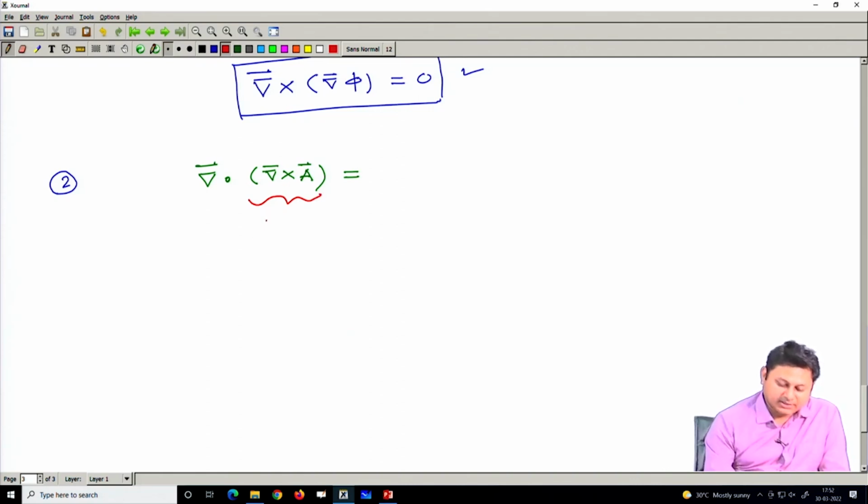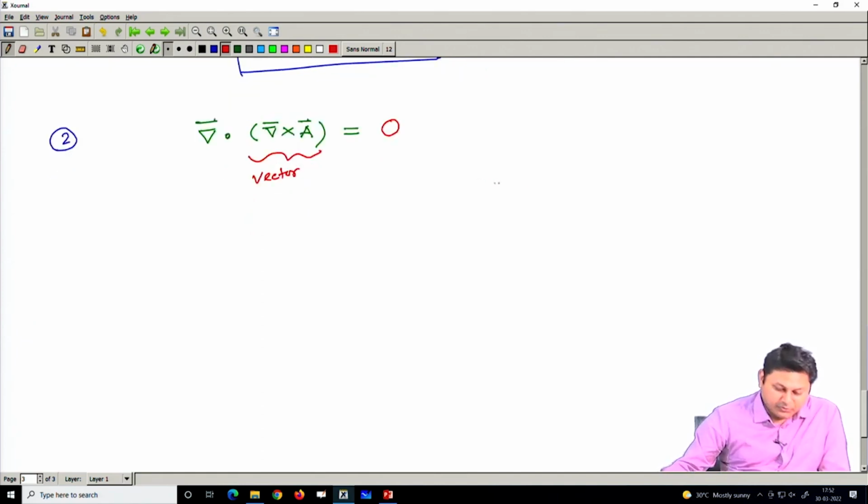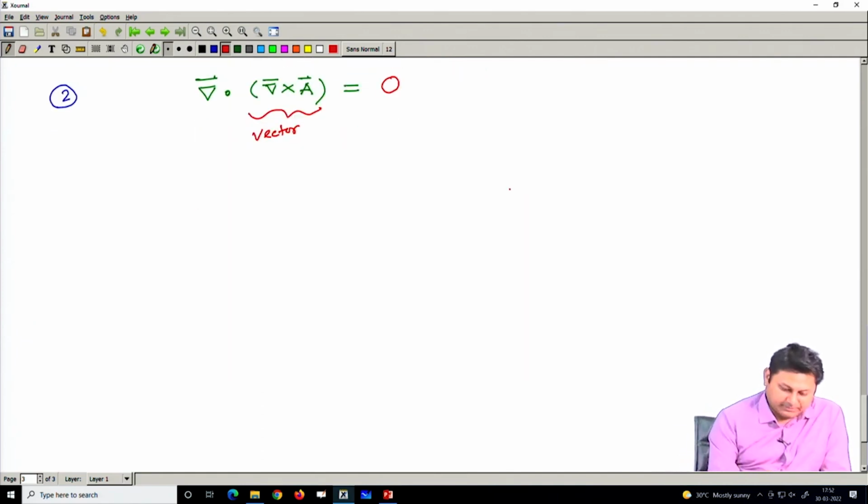This is a vector, it gives rise to a vector field. Now, I try to find out what should be the divergence of this quantity, and again you can see that this is identically 0, always we will get 0. How to prove that?